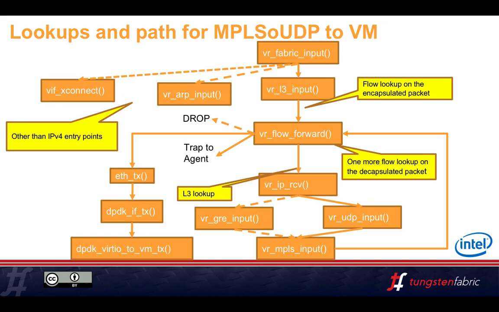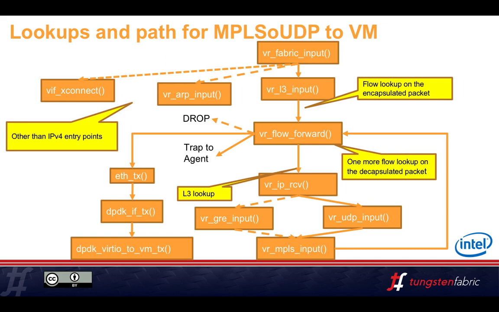This is where the decision is made if the packet is going to be dropped, sent to the agent because the table doesn't know about the packet, or it will be received by the IP receive function, where the layer 3 lookup is happening. Obviously, if it gets up to the agent, then the flow will be programmed and the packet will be reinjected at that point. After the layer 3 lookup, we have the UDP input, right? It's MPLS over UDP, and then the VR MPLS input.